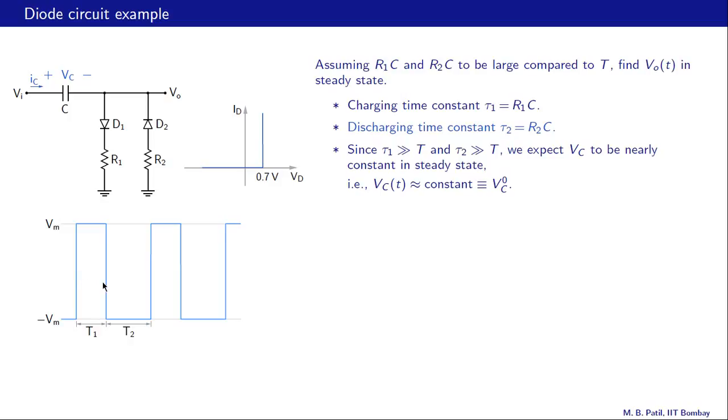Similarly, if the capacitor is discharging, we will not really notice any difference in one interval like T2 because it will discharge so slowly over several cycles. So because of that, we can say that the capacitor voltage in steady state can be treated as a constant, and let us denote that constant by Vc with a superscript 0.